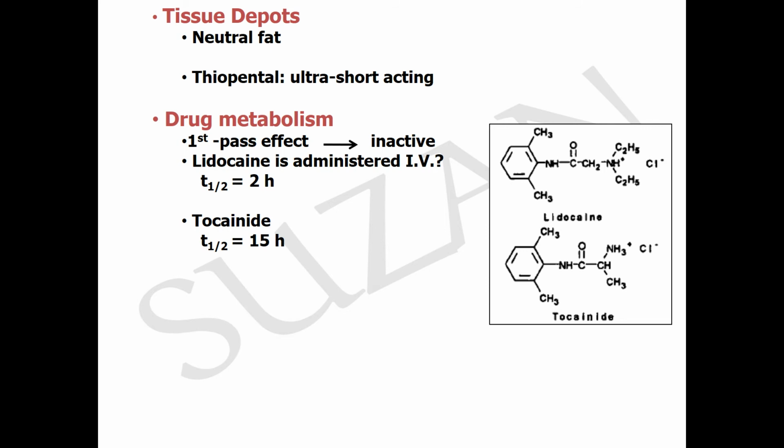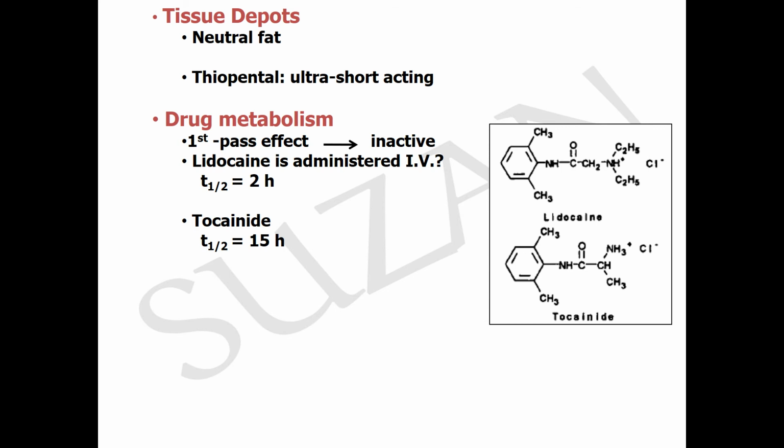It's one of the barbiturates, an ultra short acting barbiturate. This means the drug, because of its high lipophilicity, will cross the blood-brain barrier to the brain and give its effect, anesthesia. However, because of its high lipophilicity, it will redistribute again outside the brain and be stored in the storage depots, here neutral fats.